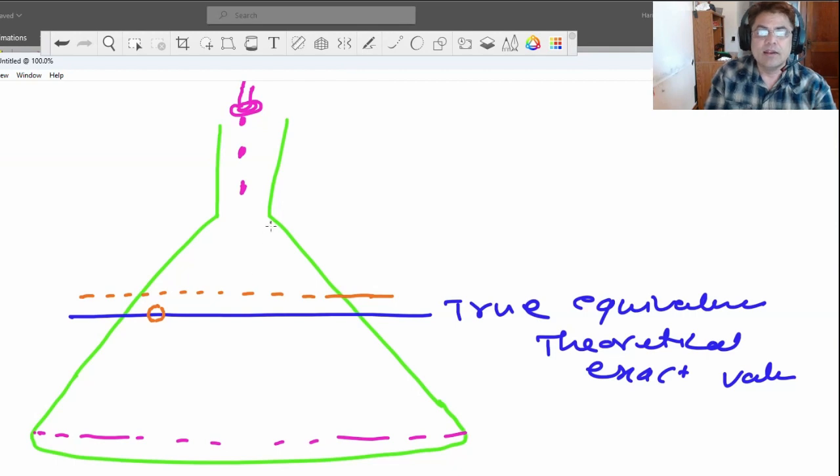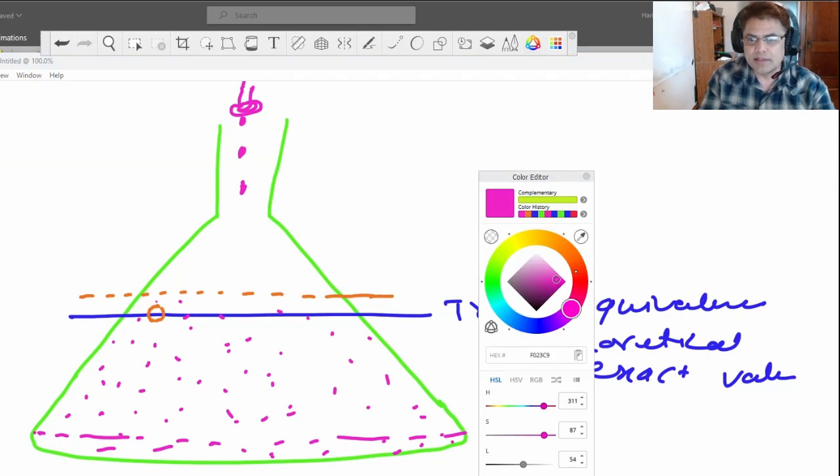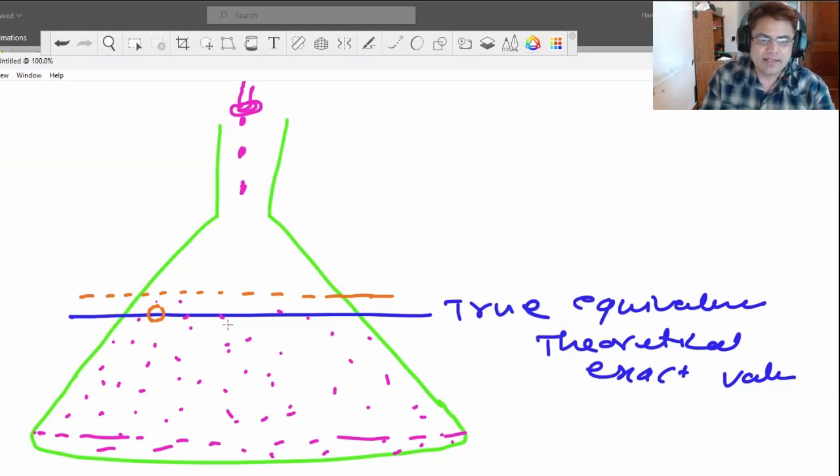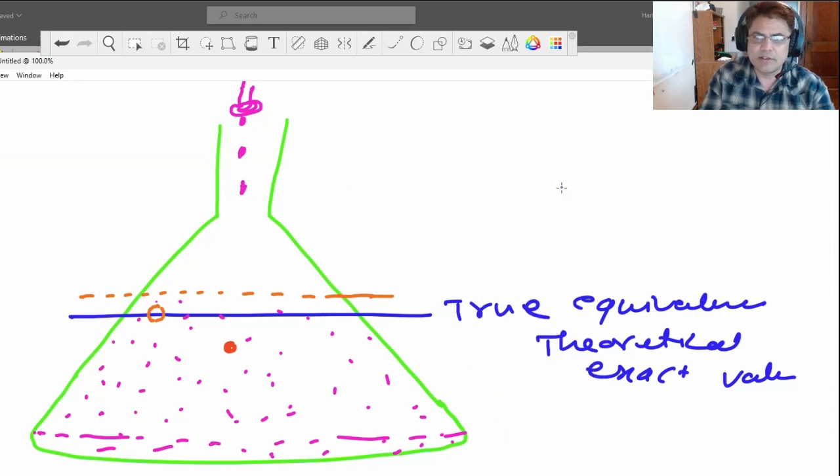But what happens is, if you add that sodium hydroxide at the beginning, let me take this one, these are the molecules of the acid inside the solution. At the beginning, when you put the drop in, it will strike inside here, and it is very easy for that sodium hydroxide to find a nearby acid.